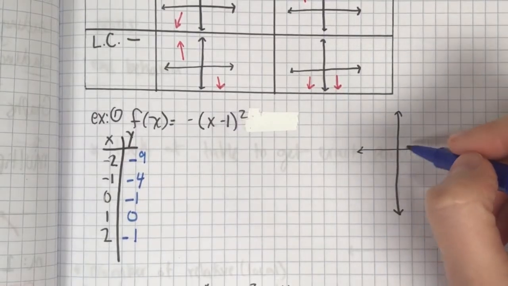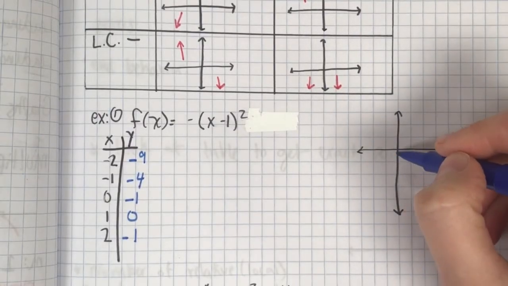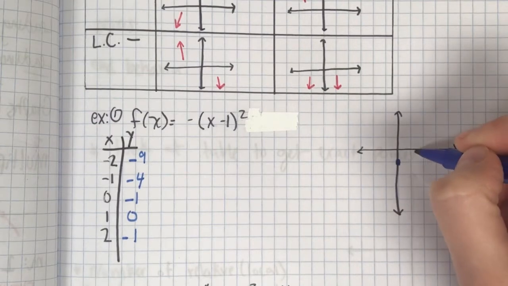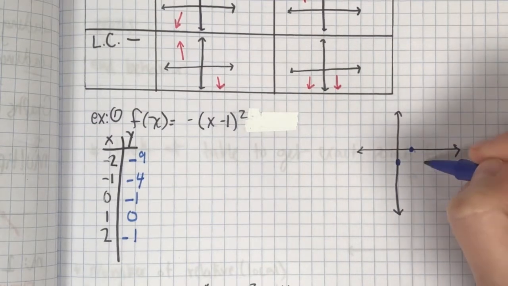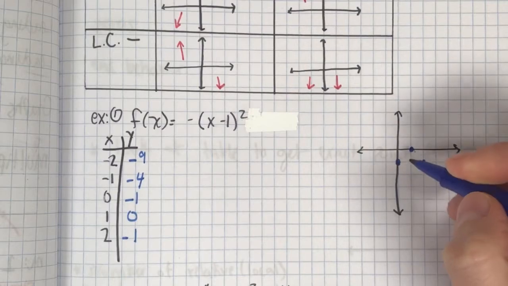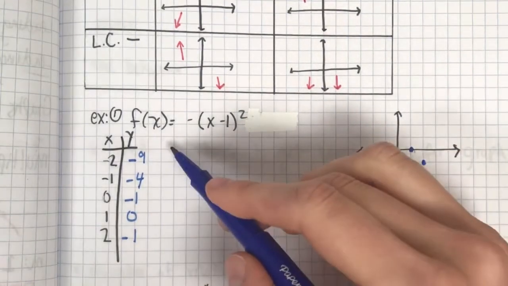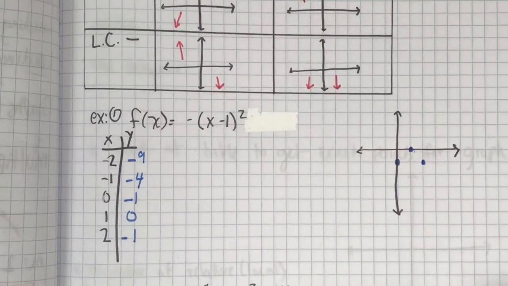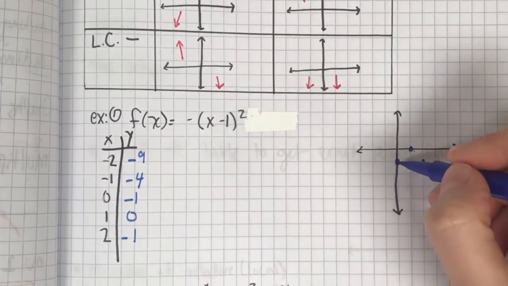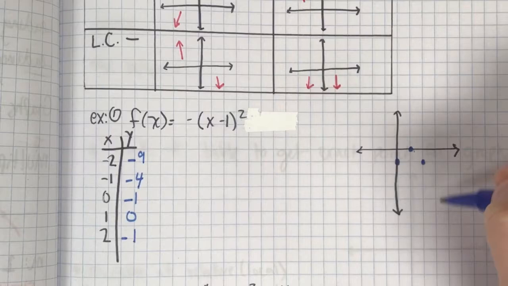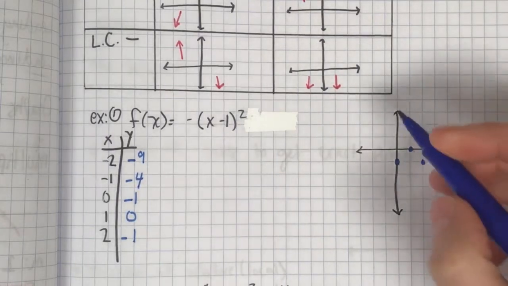So at 0, I am down 1. Okay, and these are always just kind of approximations. I don't have to go down and graph all the way down at -9. Just graph anything that you need. So if I only need my 3 points, then that's all you need to graph.